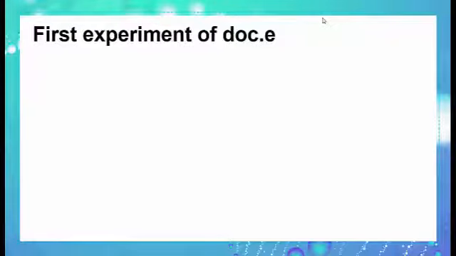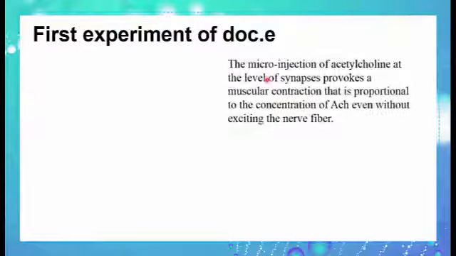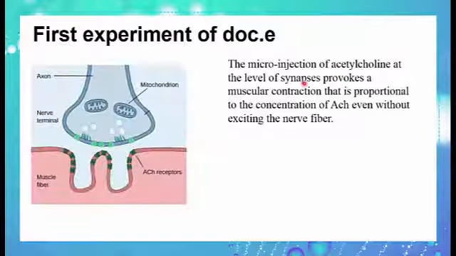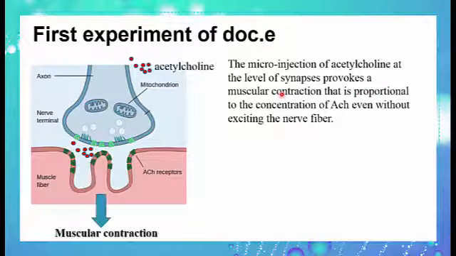First experiment of document E. The microinjection of acetylcholine at the level of synapses. So we have to inject acetylcholine here at the level of a synapse. It's a neuromuscular synapse since it's between a neuron and a muscular cell. It provokes a muscular contraction that is proportional to the concentration of acetylcholine even without exciting the nerve fiber.